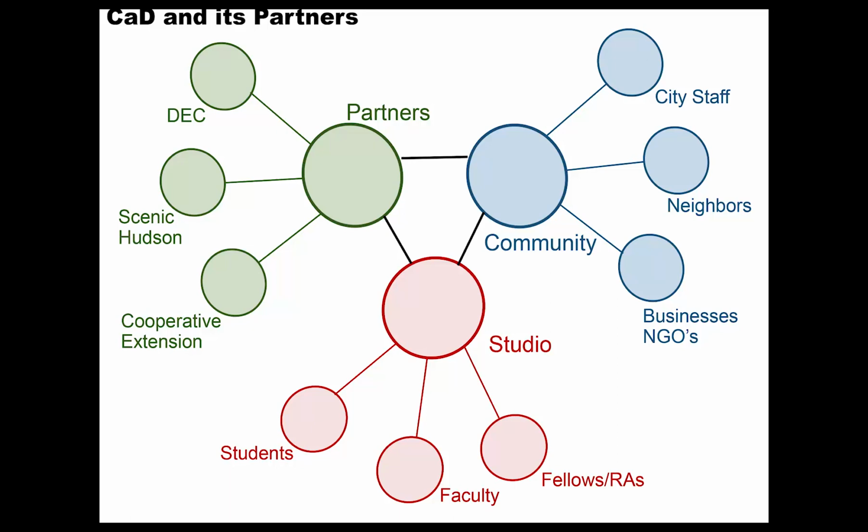We also team with Scenic Hudson, which is an organization that is committed to natural resource protection and scenic protection, but also working with people in these places in ways that seem to be really compatible with what we're doing. And then we're also working with cooperative extension when we can, who know other people there. And so it really has to happen all together with this kind of cooperation.